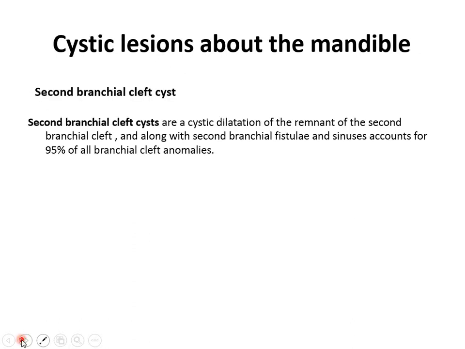Cystic lesions about the mandible. Second branchial cleft cysts are a cystic dilatation of the remnant of the second branchial cleft, and along with second branchial fistulas and sinuses account for 90% of all branchial cleft anomalies.